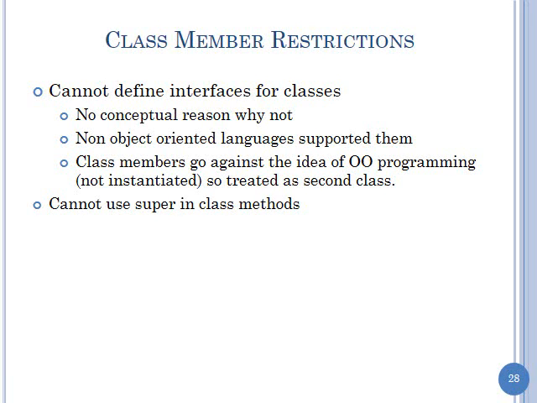Okay? Something like that. You cannot use super in class methods. Does that seem unreasonable? Supposing I've got class B that inherits from class A. So I say class B extends class A. I inherit all the instance members.